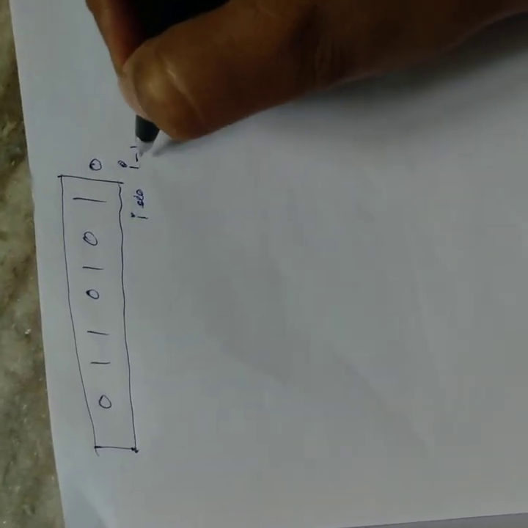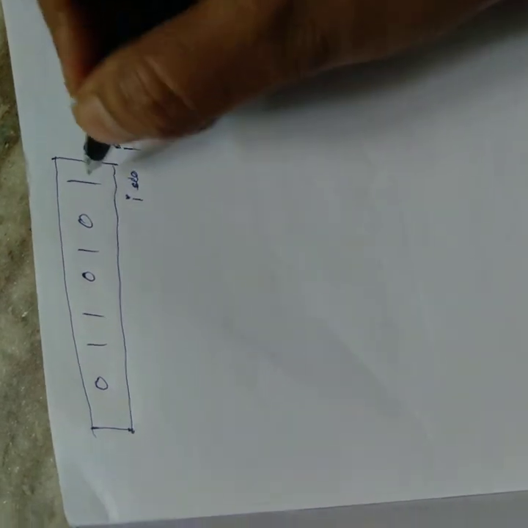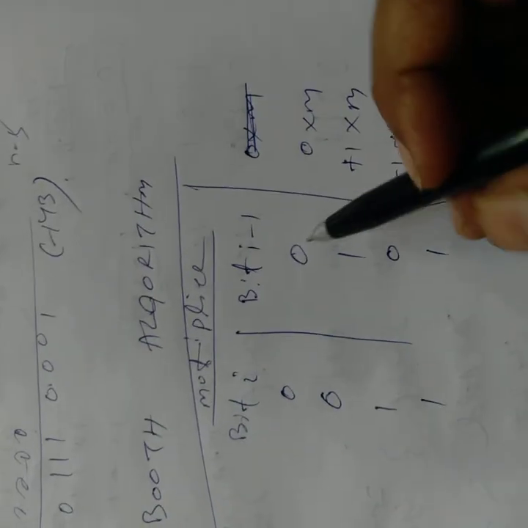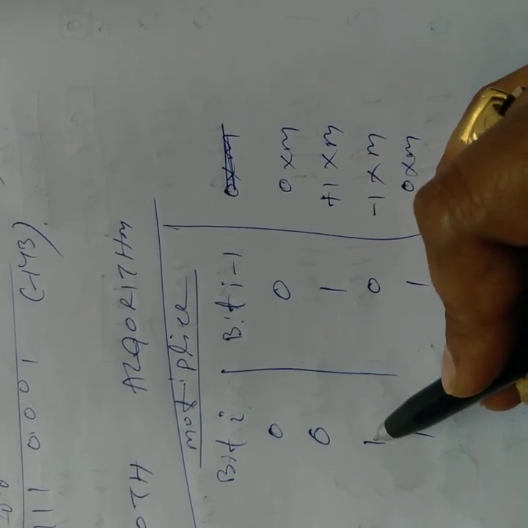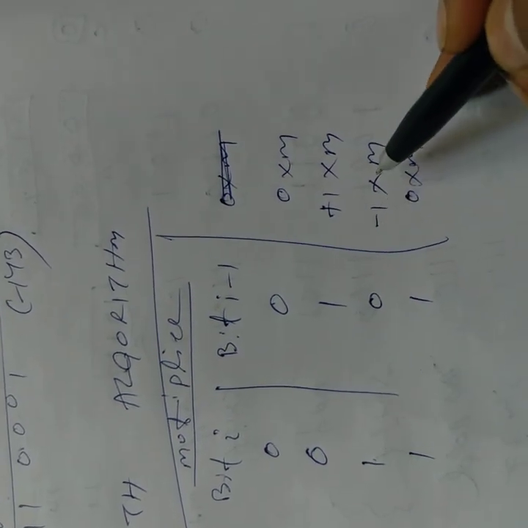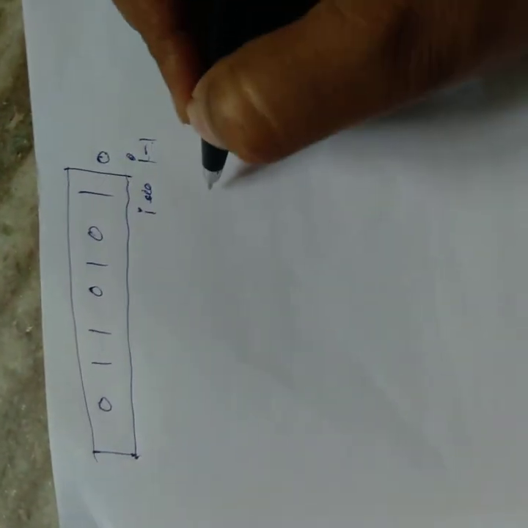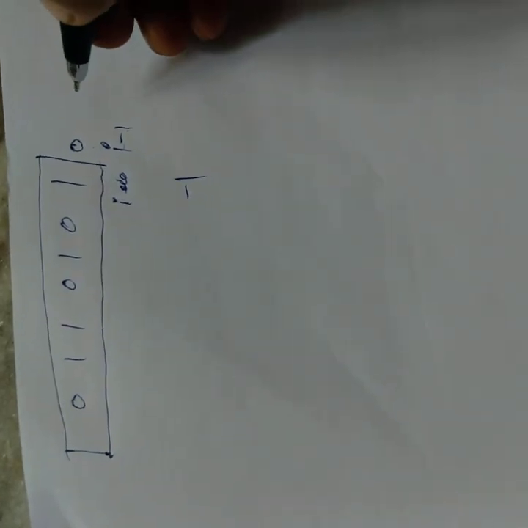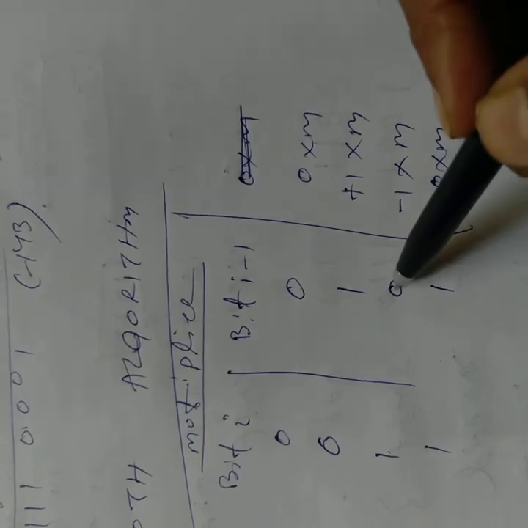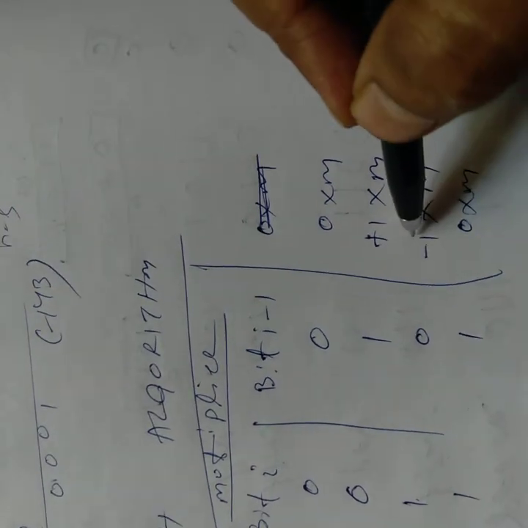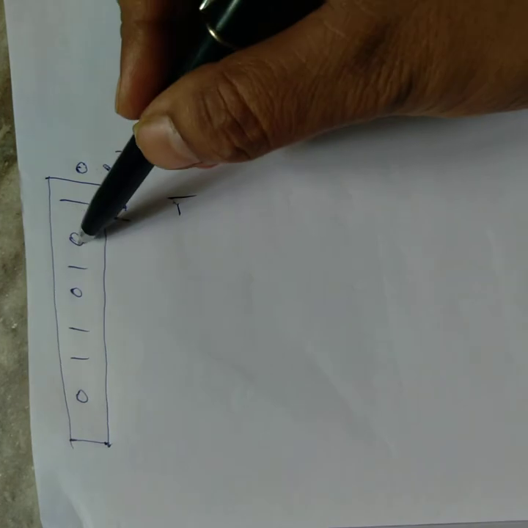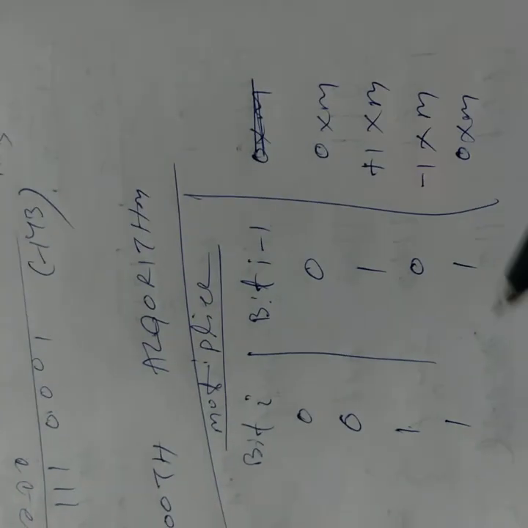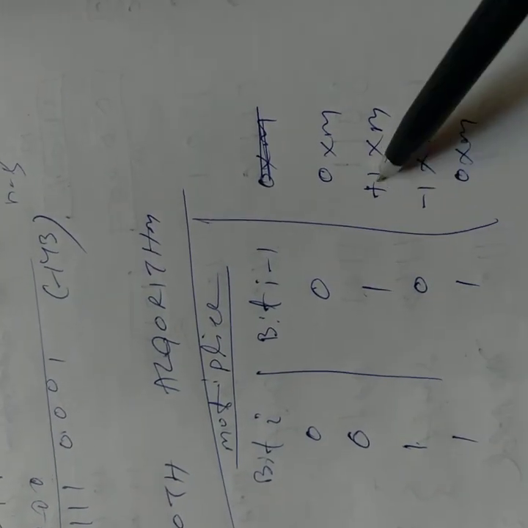So if the I minus 1 bit is 0 and the I bit is 1, then from this table you have to write minus 1 times M. That means 0 to 1 is minus 1. Fine. Then 1 to 0 is plus 1.